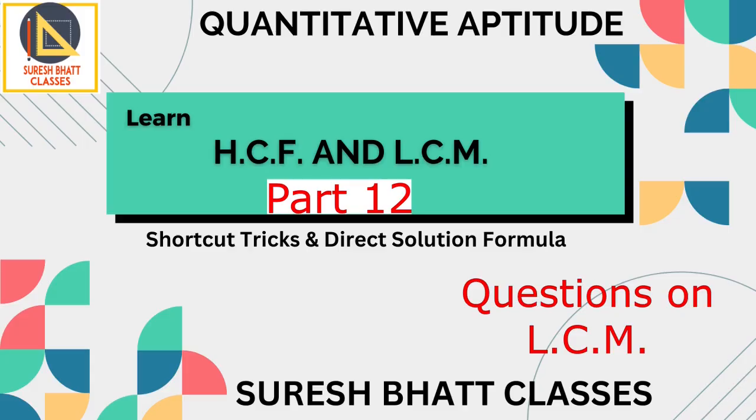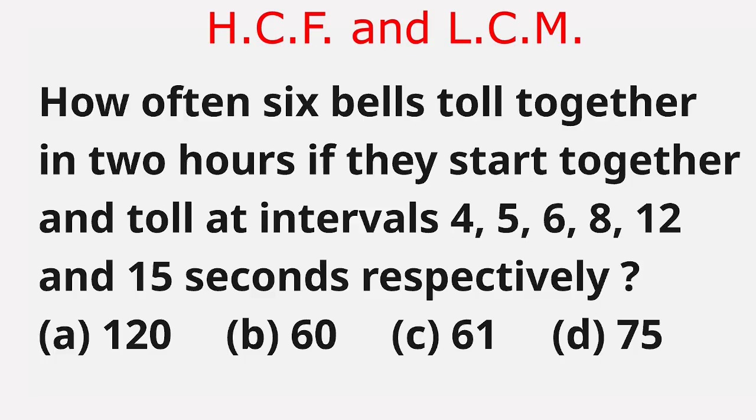In this video, we are solving questions on application of LCM on frequency based questions. Our question is, how often 6 bells toll together in 2 hours if they start together and toll at intervals of 4, 5, 6, 8, 12 and 15 seconds respectively.